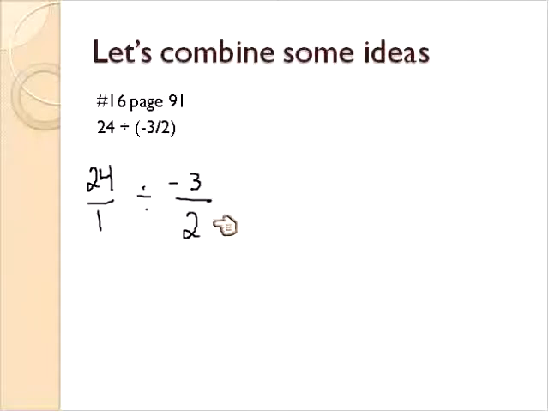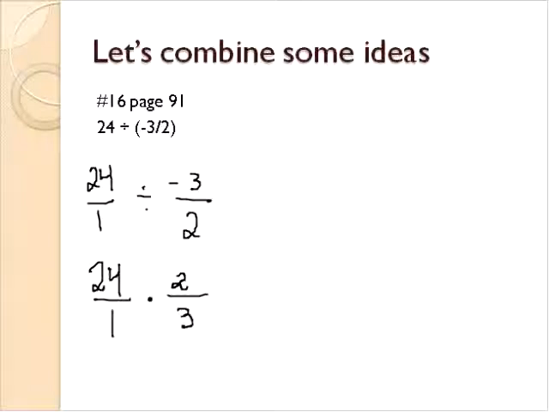So what I'm going to do to solve this is multiply by the reciprocal. Okay? So I'm going to leave 24 over 1 the same, and I will multiply by 2 over 3.